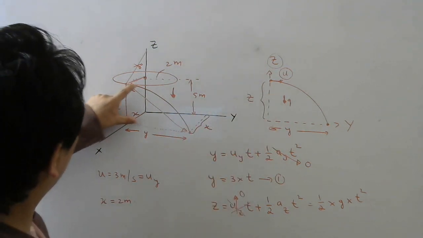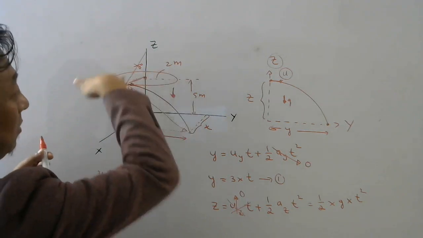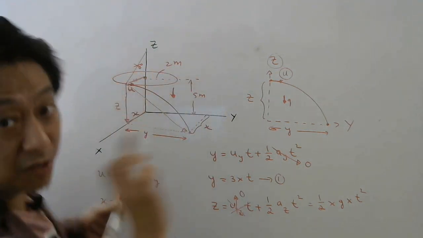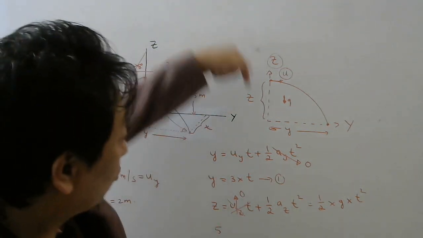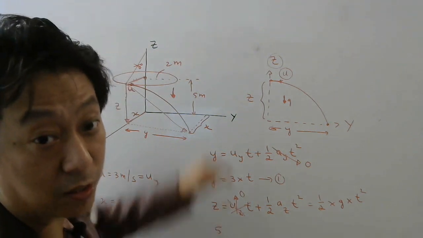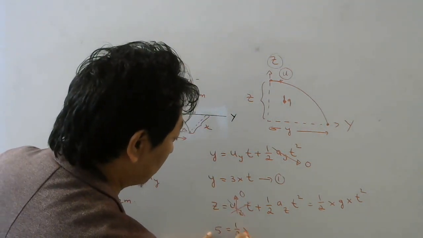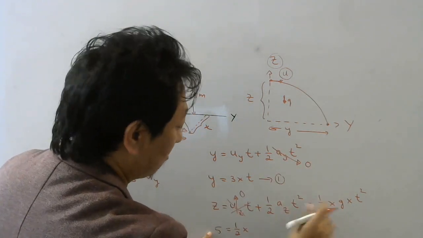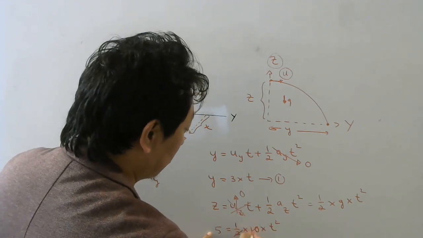Now that z will match with this 5 meter, isn't it? Because this circle is parallel to xy plane. So this 5 meter and this z should match. So this z is nothing but 5. And it is downwards, and I have written plus 5. So downwards I have chosen positive, plus 5. Half g also I have chosen plus g downwards. I did not write minus, right? Into 10 into t square. So 2 5s are 10.